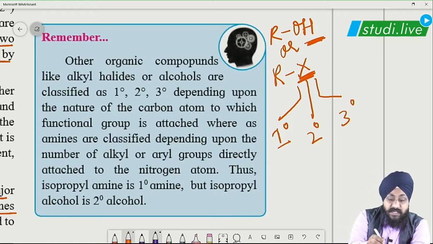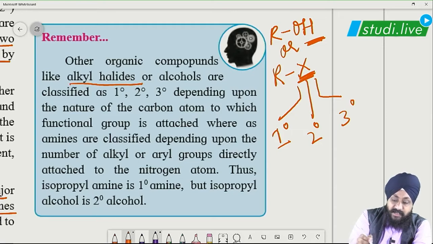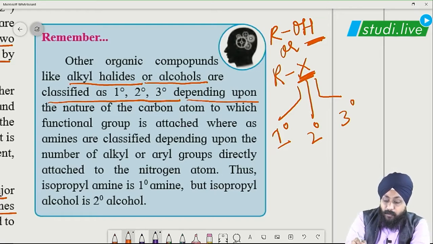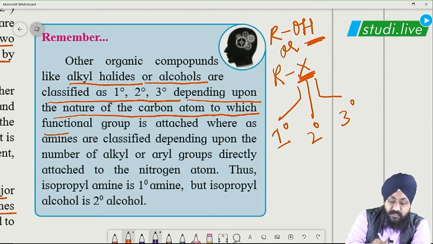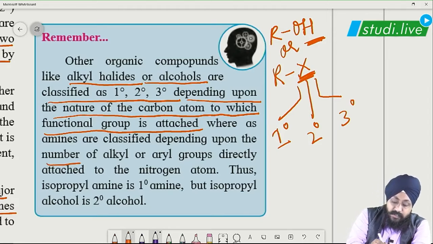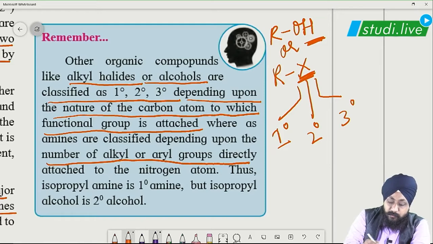So organic compounds like alkyl halides or alcohols are classified into primary, secondary or tertiary depending upon the nature of the carbon atom to which the functional group is attached. But that is not the case with amines. Amines are classified depending upon the number of alkyl or aryl groups directly attached to the nitrogen atom.